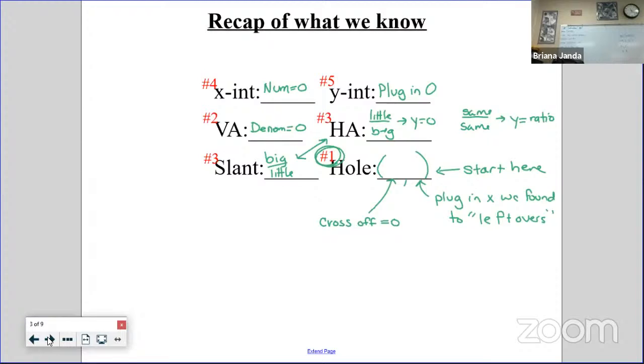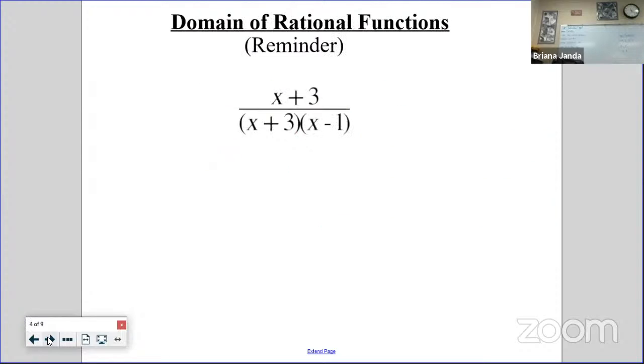We glanced over domain. I know this is not on your note sheet, but you may want to jot this down somewhere. We did glance over domain in our warm-up yesterday, and I just want to take a second and remind you, when we learned about domain restrictions, we went through the questions. Is it a fraction? Is it a radical? Is it a radical in the bottom of my fraction?